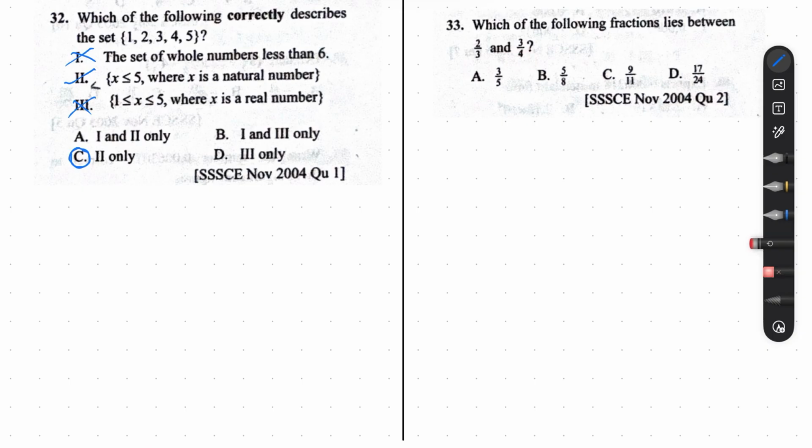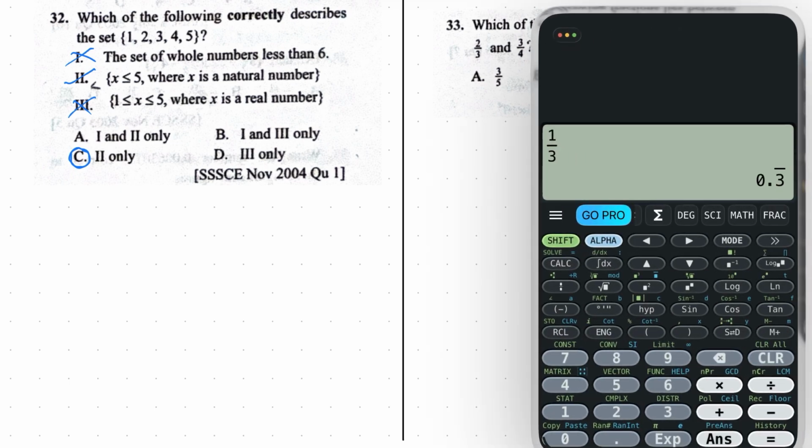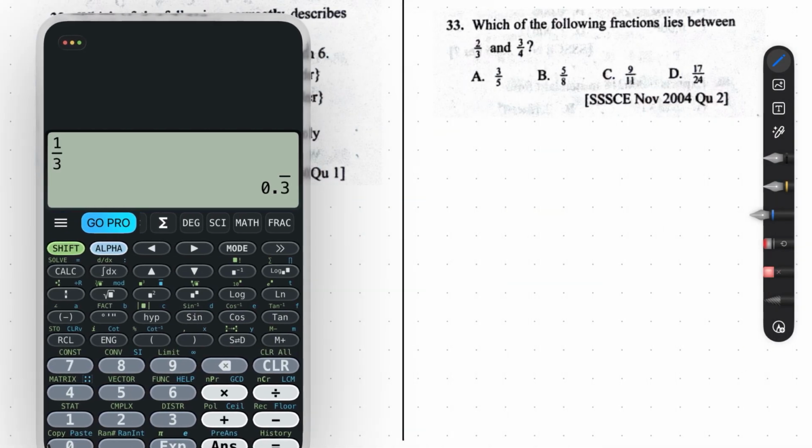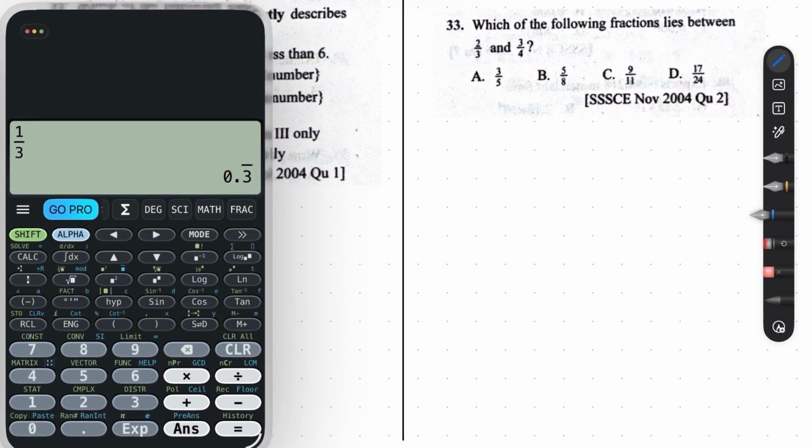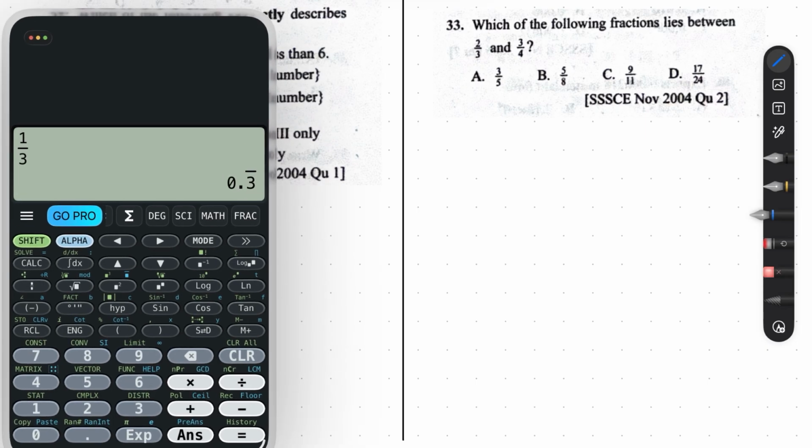So let's convert 2/3 to decimals. Let's bring up our calculator. 2/3 is equal to 0.666, 0.6667.